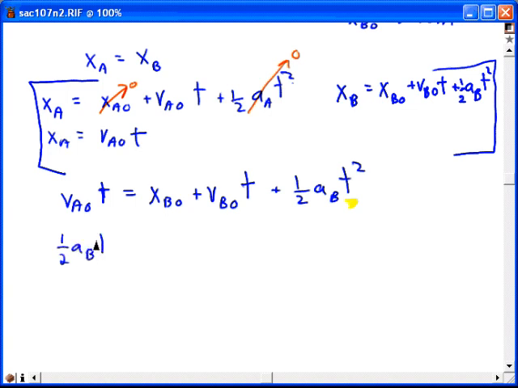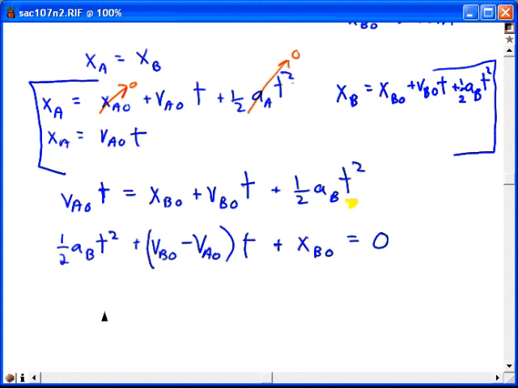So I'm going to rewrite the right-hand side here, 1/2 AB t squared plus the VB0 t, but I'm going to subtract VA0 t from both sides. So that leaves VB0 minus VA0 for the number of t's that I'm going to have on the right-hand side, and then plus XB0 equals 0.